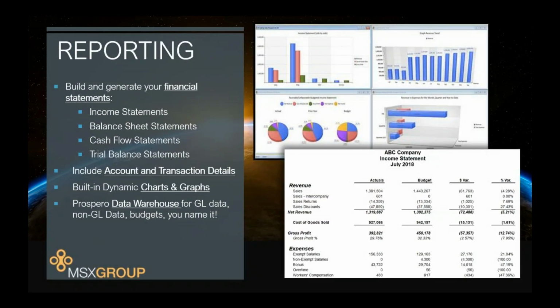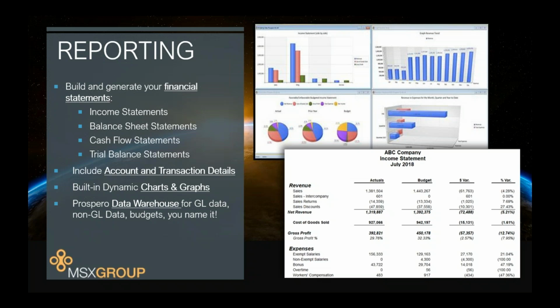Furthermore, for the reporting aspects, you see a nice dashboard of graphing that we introduced inside the tool many years ago. And Prospero has its own data warehouse. The advantage is definitely your general ledger reporting, but including non-general ledger data.